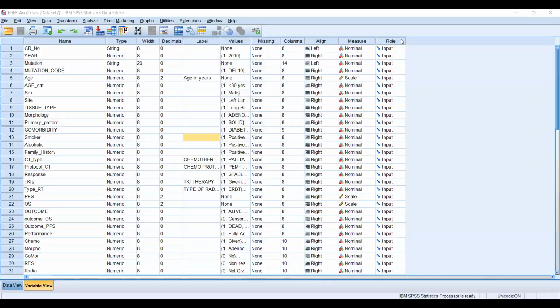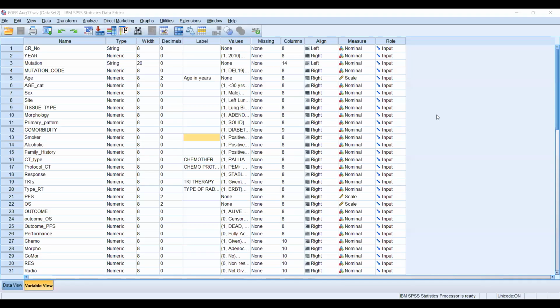So I have to stop sharing and then share only the data first, and then I'll go to the output. That will work. Is that okay now? I shared both screens at the same time. Yes, the data is visible now, ma'am.